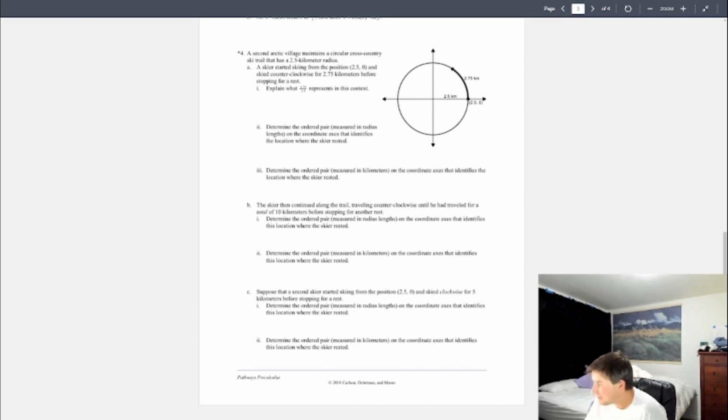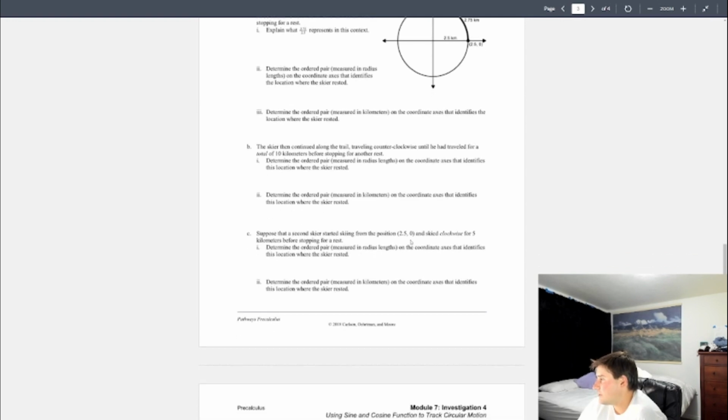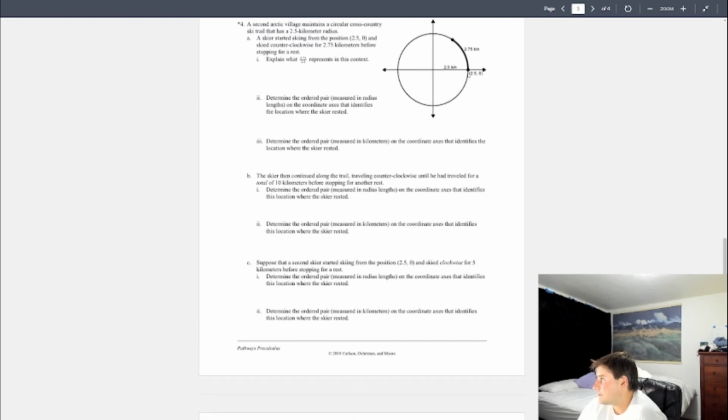The professor. Suppose that a second skier starts skiing from the position here and skied clockwise for 5 kilometers before stopping for a rest. Just realized I didn't do the timer, but we'll start it now.